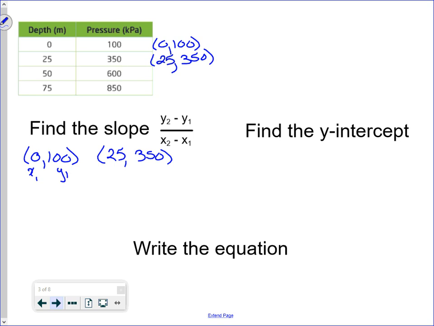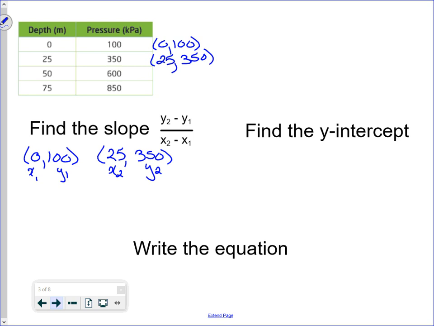My second point will be x2, y2. So it doesn't really matter which one you call the ones, which ones you call the twos. I could call the 25, 350 x1 and y1 as long as I have the ones from one point and the twos from the second point.